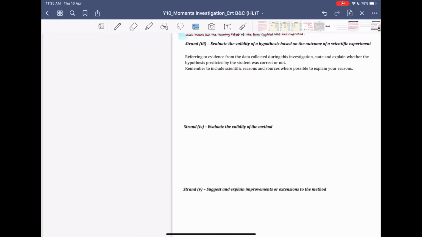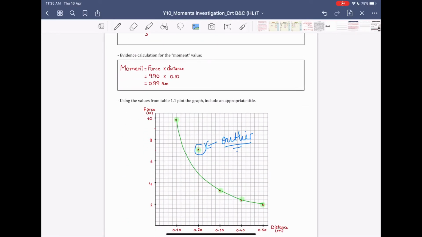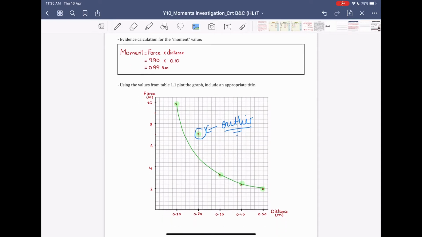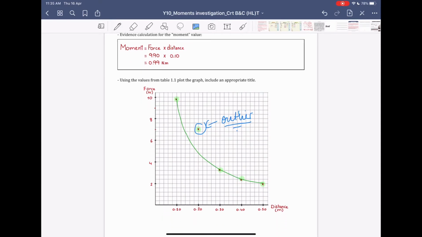How can we see this? First, we're gonna say this can be seen by checking the logarithmic shape of the graph, which usually represents an inversely proportional relationship between the distance in meter and the force applied in Newton.